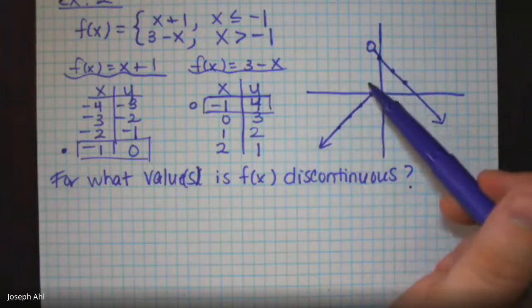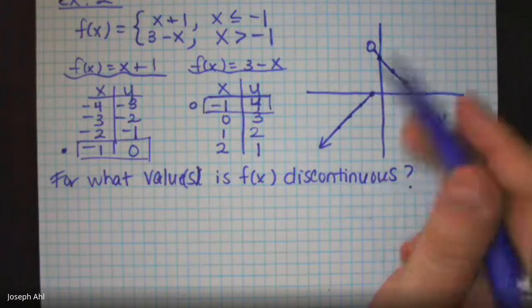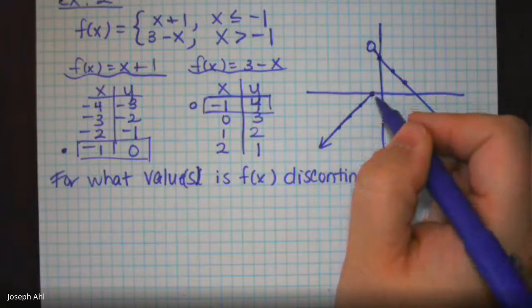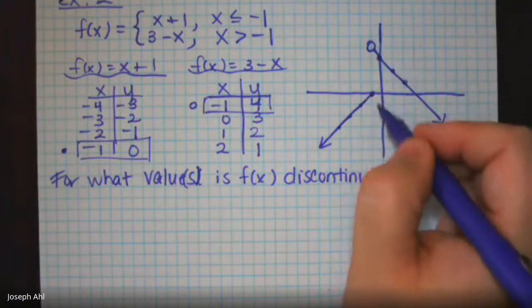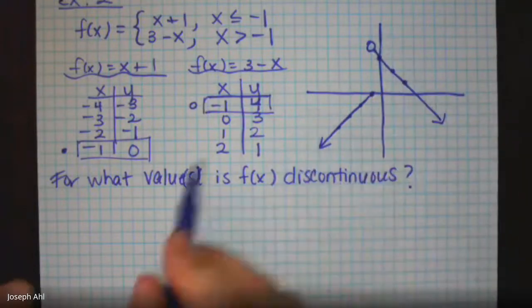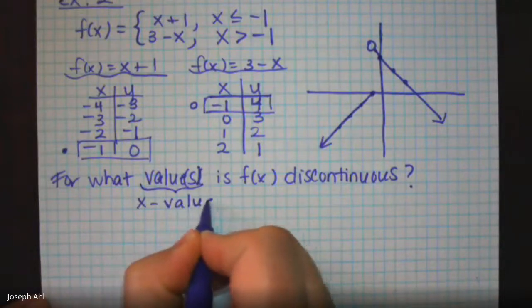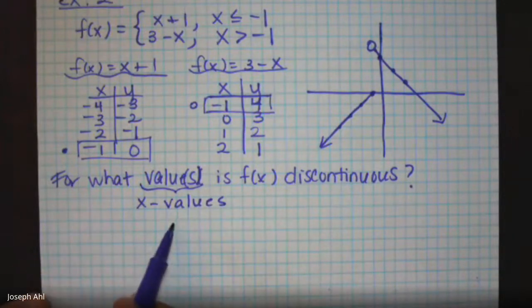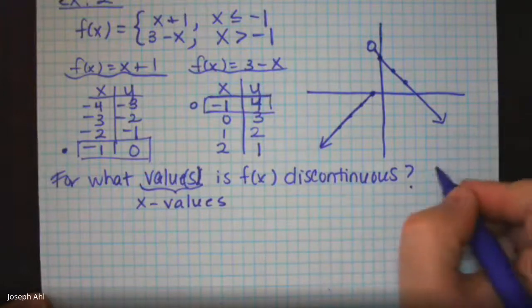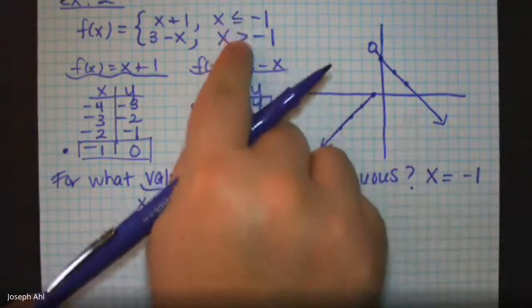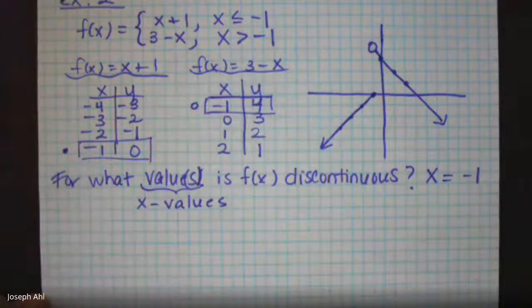And it's pretty clear in this example that I can't draw my graph without picking up my pencil at x equals -1. So when I say for what values, I'm actually really talking specifically about x values here. For what values of x is f of x discontinuous, and it happens to be right at this jump at x equals -1.